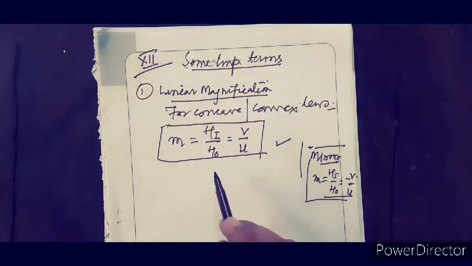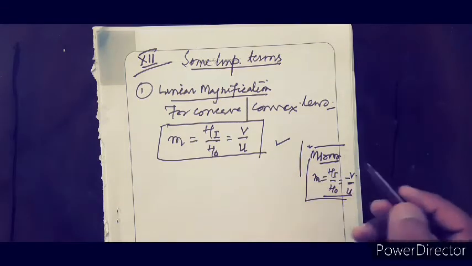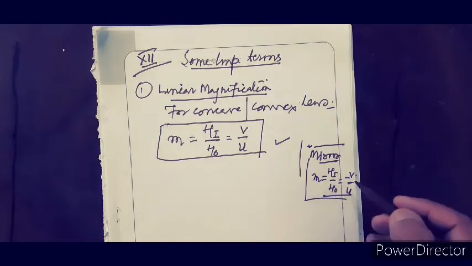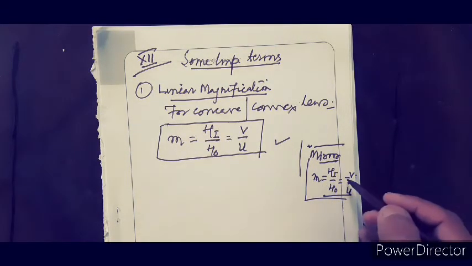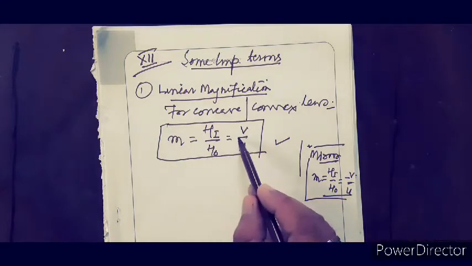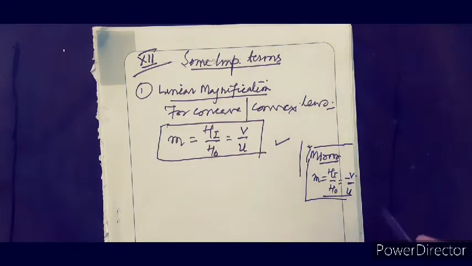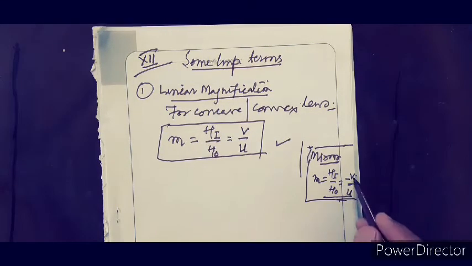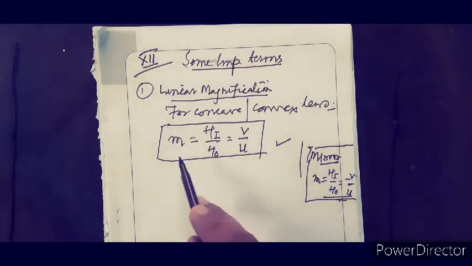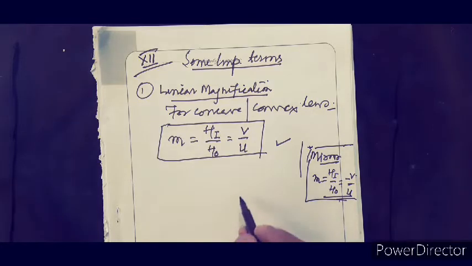Now, how to remember for a quick idea? Mirror minus M, for lens plus. So minus V by U for mirror, and for the lens plus V by U.